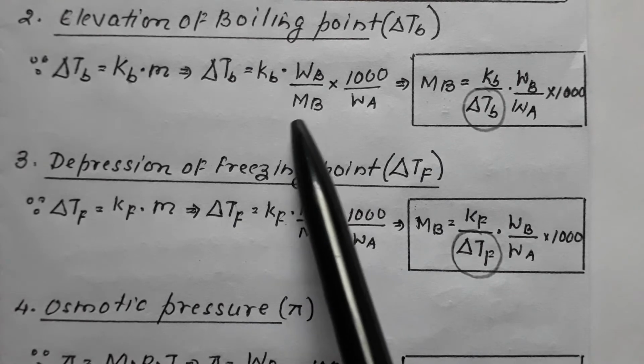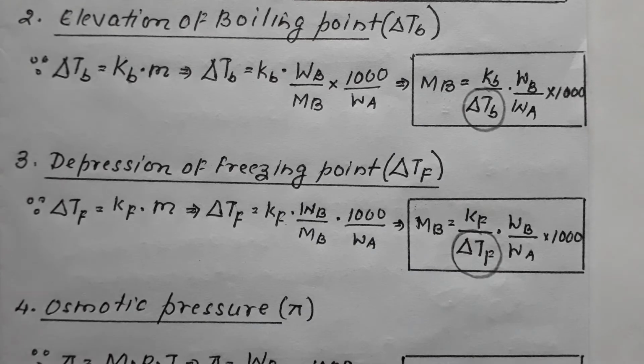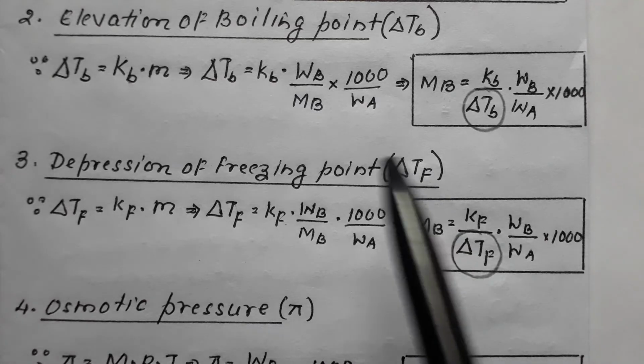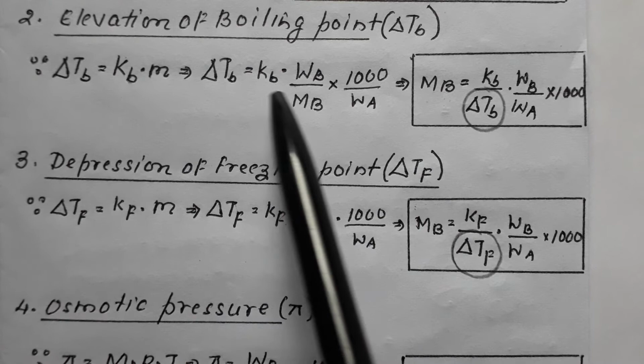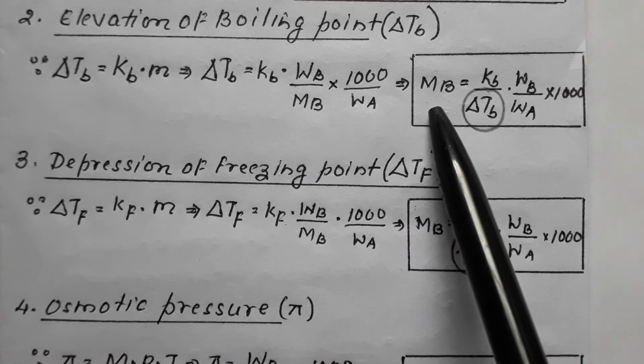All these topics have been dealt with in the previous videos. The elevation of boiling point, the depression of freezing point, the relative lowering of vapor pressure, and the osmotic pressure we have already done. In all those topics we have seen that these equations can be used to calculate the molecular mass.